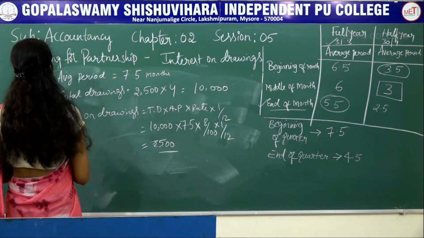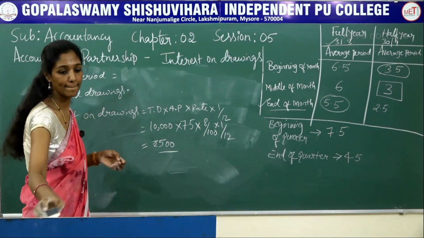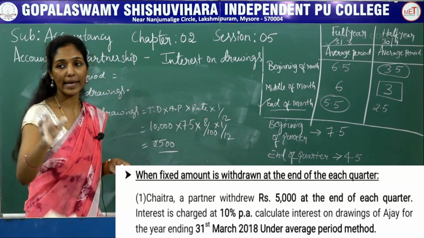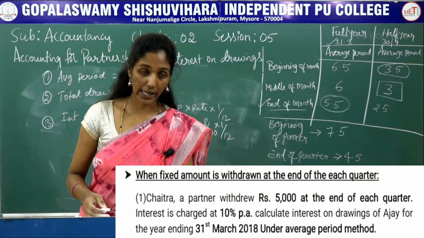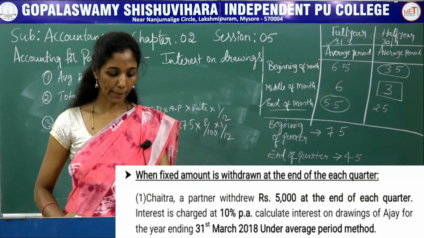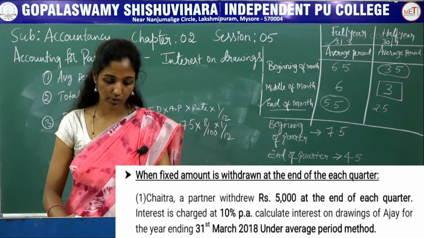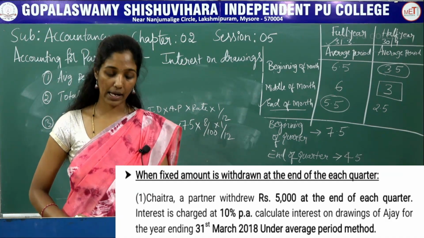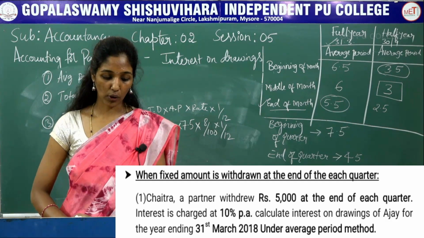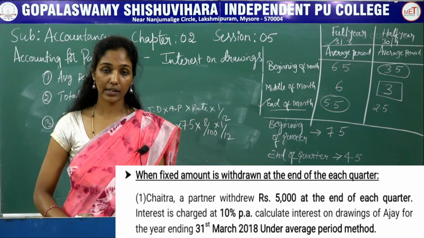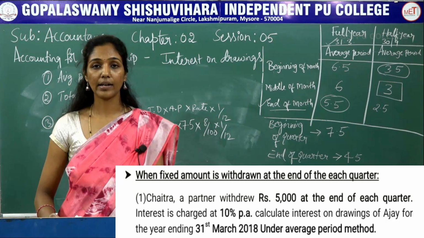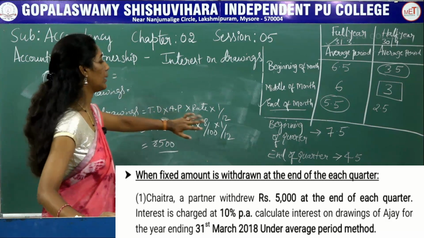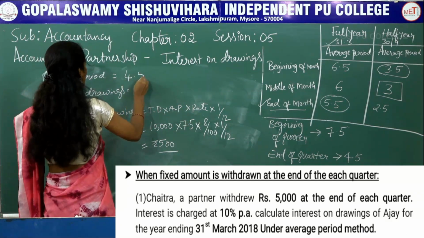The next is when a partner withdrew at the end of the quarter. Here is your example problem: Chaitra, a partner, withdrew rupees 5,000 at the end of each quarter. Interest is charged at 10% per annum. Calculate interest on drawings for the year ending 31st March 2018 under the average period method. Here the average period will be 4.5 months.